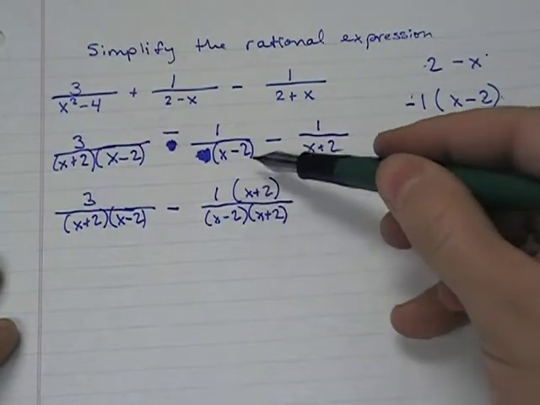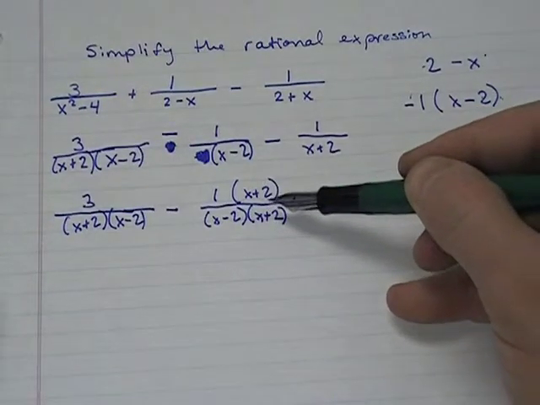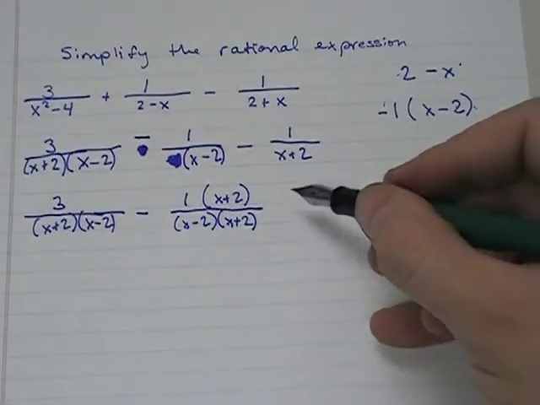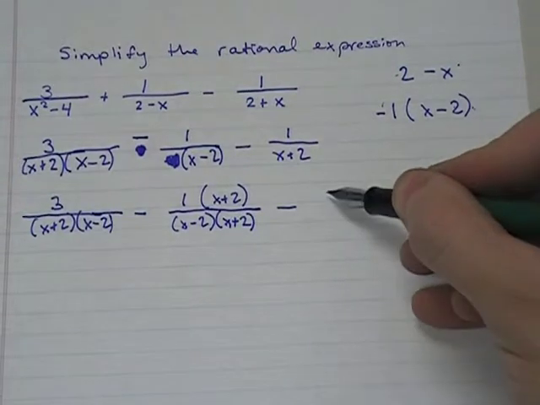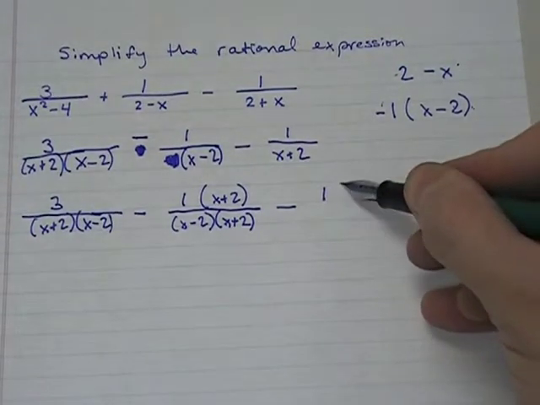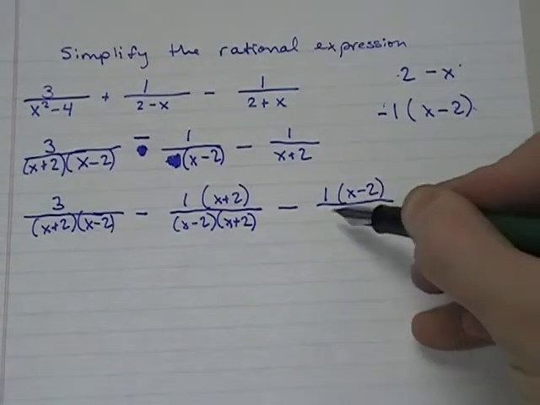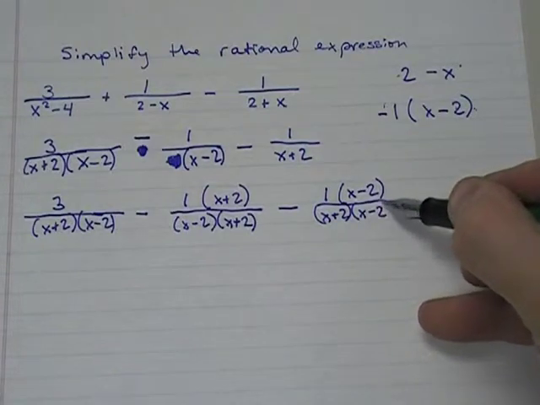So basically I have multiplied by x plus 2 over x plus 2, which is the equivalent of multiplying by 1, which does not change my problem. And then here we are going to have minus 1 times x minus 2 over x plus 2 times x minus 2.